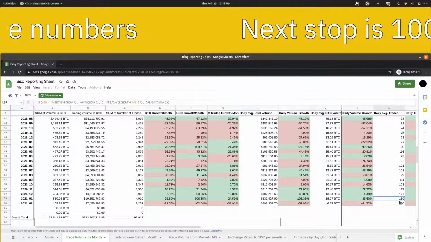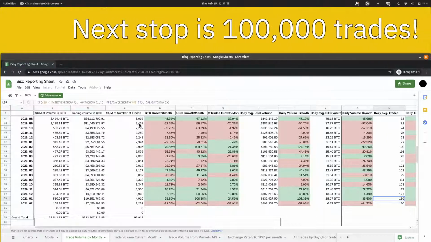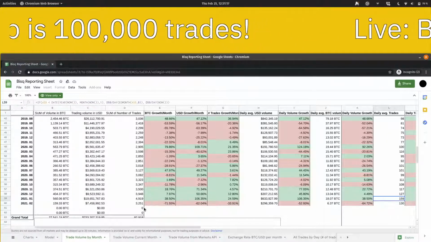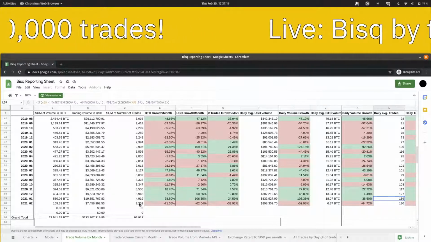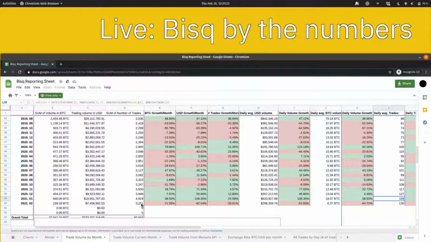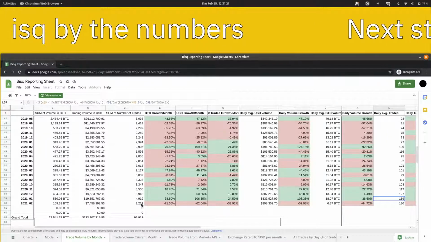If you add all these numbers up, you get to about 93,000 trades all time. And if the network sticks to doing 3 to 5,000 trades per month, we should see that 100,000 number reached in probably 2 months.